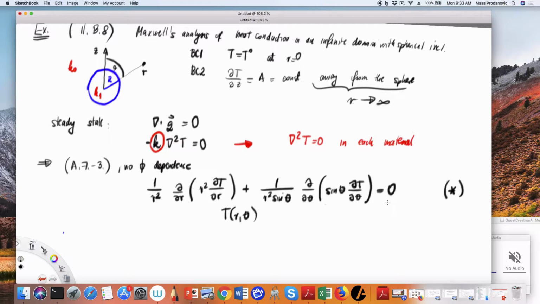Let's look at the second one. My second BC says dT/dz is equal to a, and also that dT/dx and dT/dy are equal to 0. So I have to look at T of r and theta, and this does not tell me about the r and theta directions, so I have to translate this. What does this mean for the gradient in spherical coordinates?